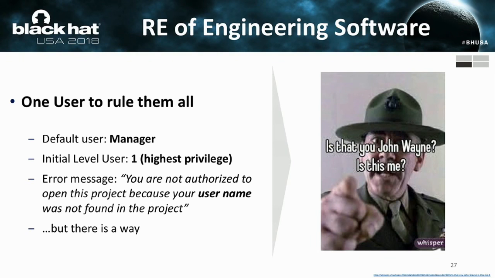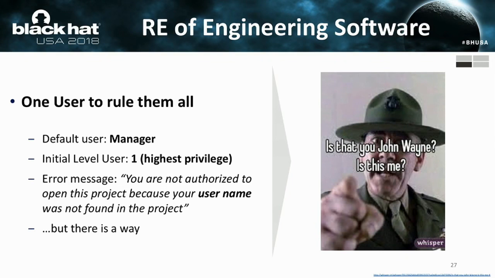If you have several operators in a working group, you can split the projects based on their needs. As soon as you try to log in to one of those projects with the wrong username or password, you get an error message that you're not authorized to open this project because your username is not present inside the project.